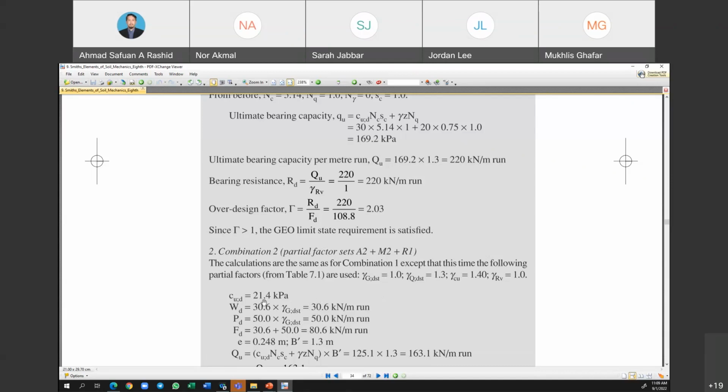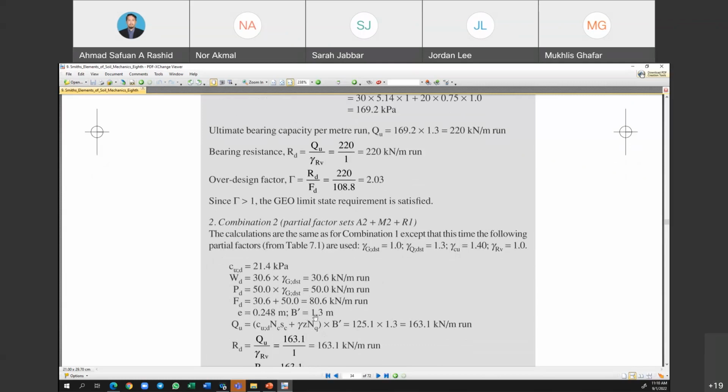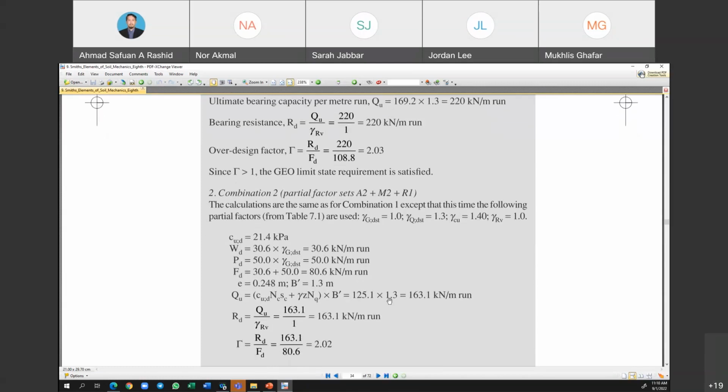So the new CUD after dividing by 1.4 becomes 21.4. For WD PD we obtain 30.650, and FD we obtain 80.6. So the new B prime is 1.3, similar to the previous one. Then do the calculation to get the QU, then we get the RD, after dividing by 1, same as the QU.